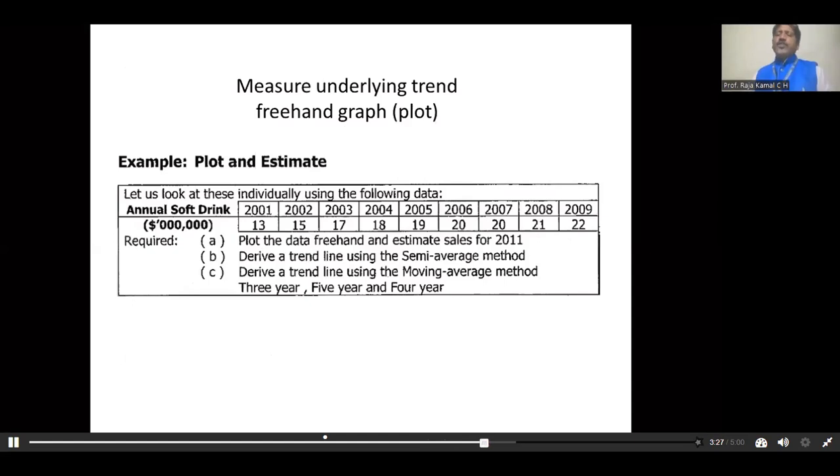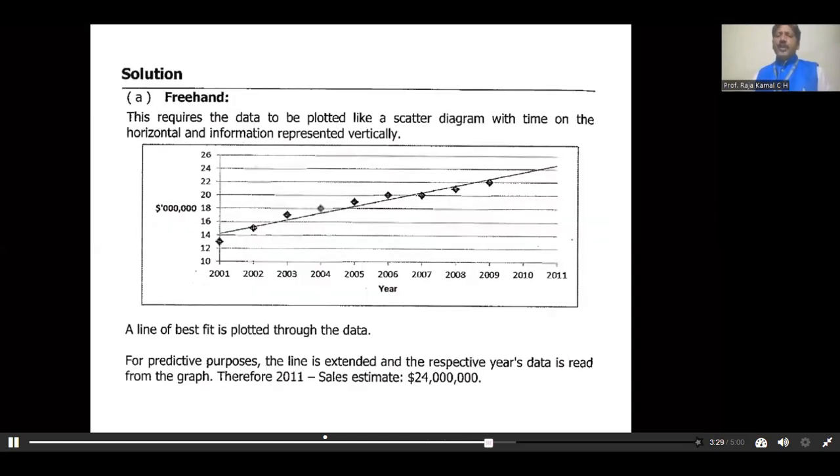In 2002 the value was 15, and that was plotted. All the values of the years were plotted, and you can see the trend line was moving upwards. If you extend it from 2009 to 2011, you can estimate that the value at 2011 is 24, so the sales estimate was 24 in 2011.